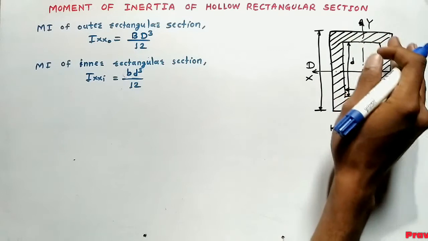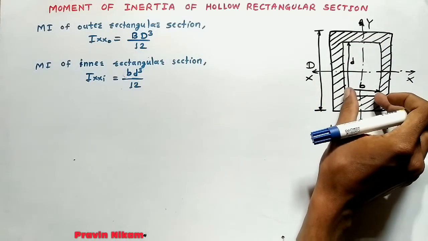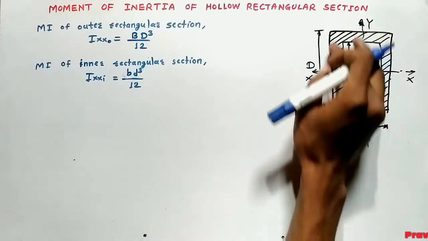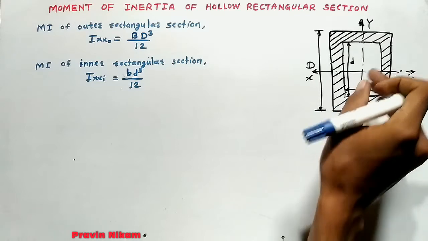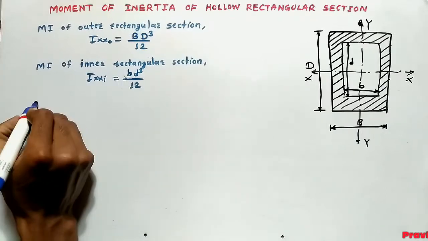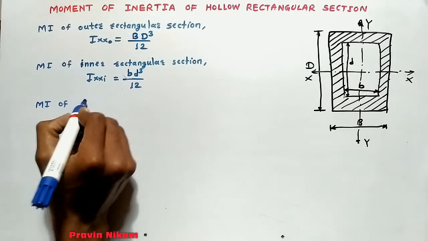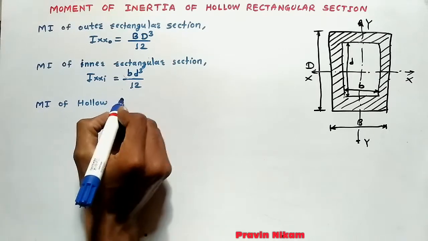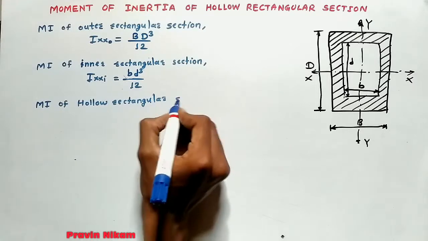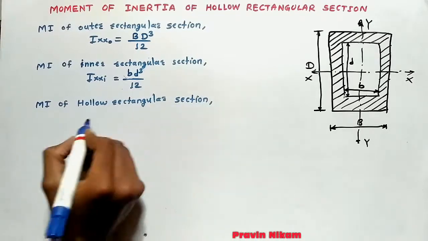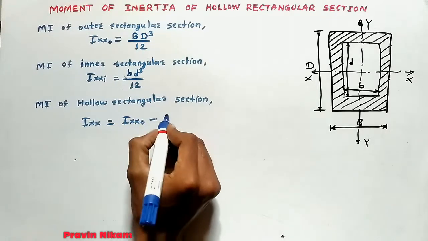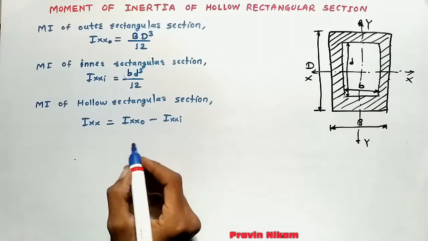This is the outer rectangle and the inner rectangle is cut from it. So from the moment of inertia of the outer rectangle, you have to subtract the moment of inertia of the inner rectangle. So the moment of inertia of the hollow rectangular section about the xx axis is Ixx of outer rectangle minus Ixx of inner rectangle.